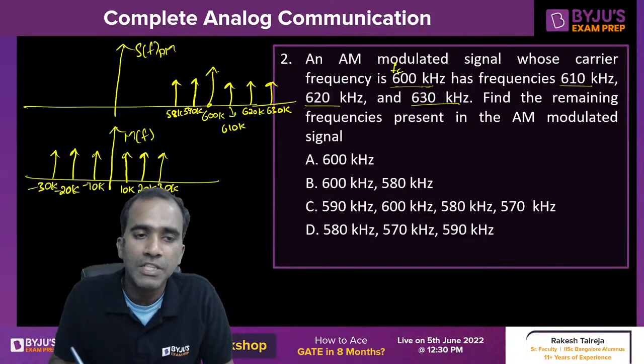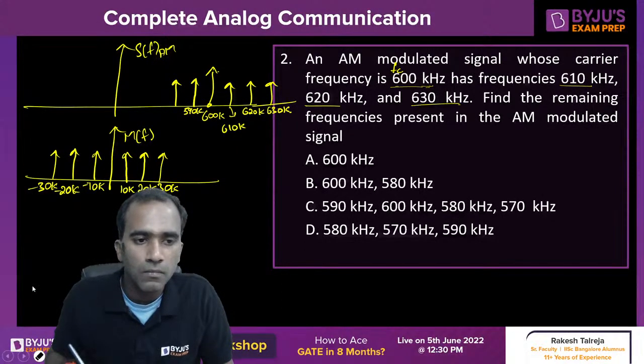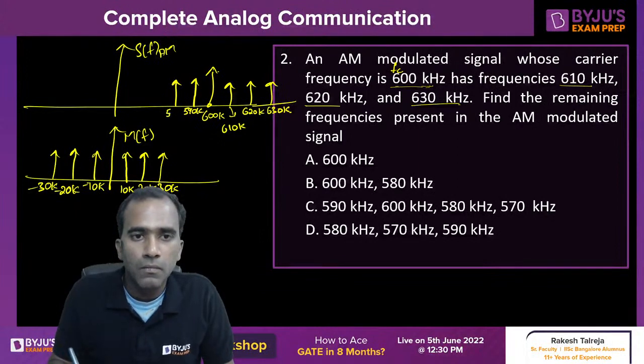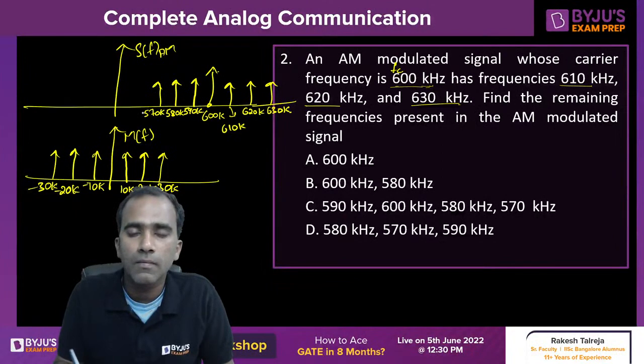Minus 20 shifted towards the right side by 600 kilohertz, minus 20 plus 600 is 580. Next, minus 30 kilohertz shifted towards the right side by 600: minus 30 plus 600 is 570. That's it. We got the answer.